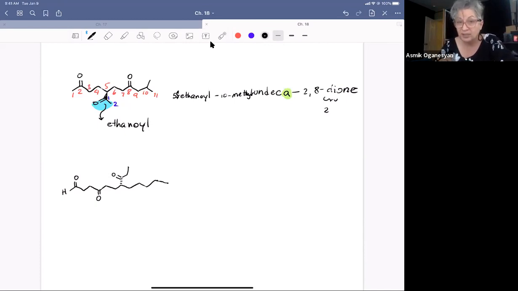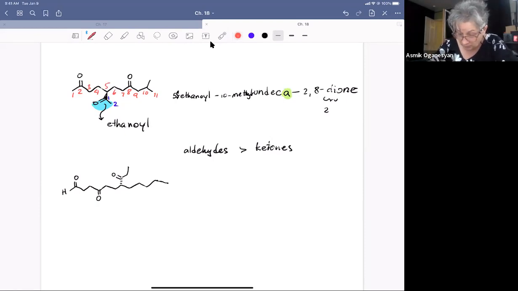In this compound, again, I do have 3 carbonyls. Aldehydes take priority over ketones. And why is that? Well, because aldehyde carbonyl will always be on position number 1. That's why. So I want to find the chain that contains my aldehyde and is the longest chain. And if I can include in it my carbonyls, would be wonderful.